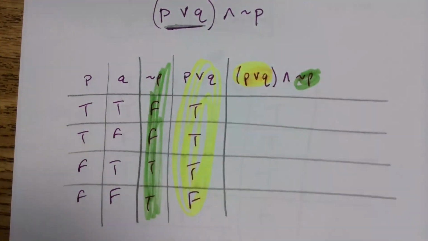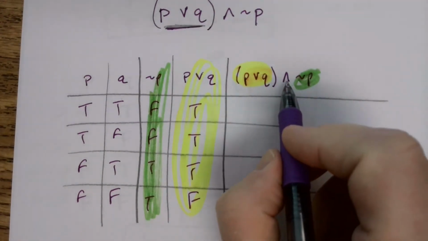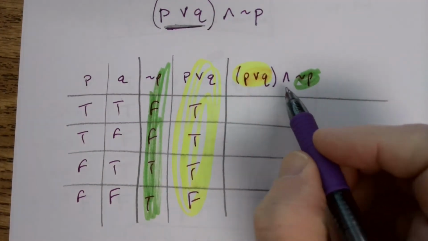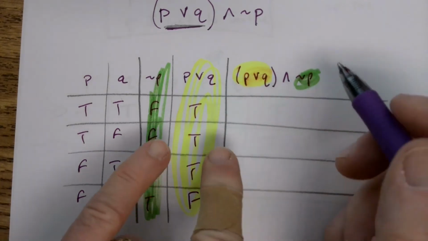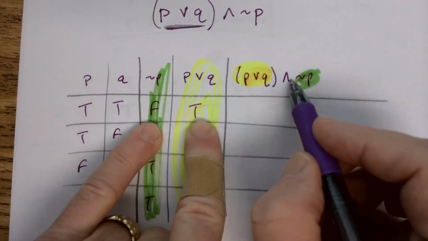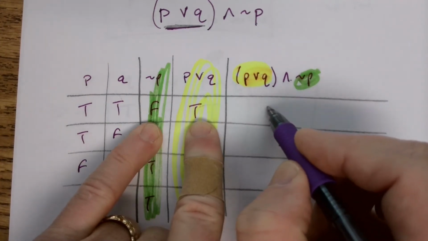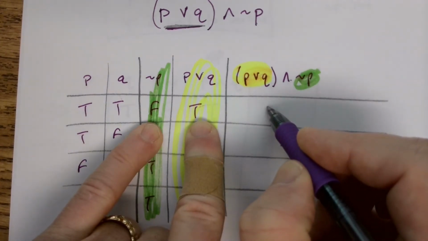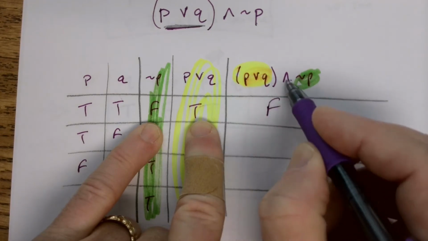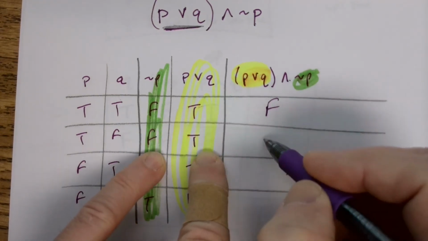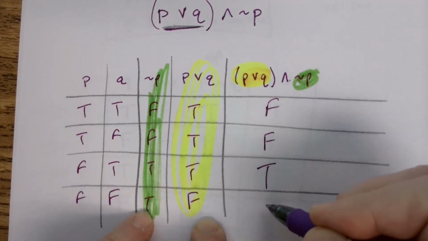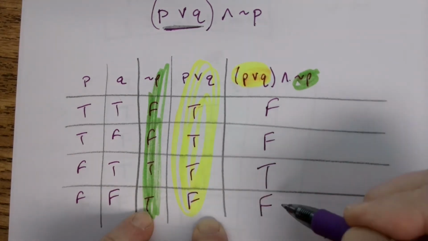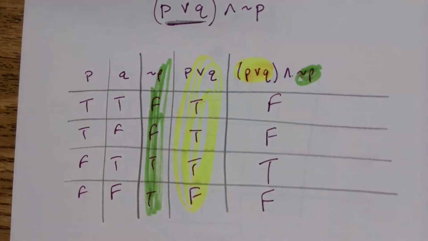We're going to connect those with an AND. Always do the parentheses first. That's kind of just an algebra thing. All right, false, true, and an AND is false. False, true is a false. True, true is a true, and true, false is a false. So there's your answer: false, false, true, false.